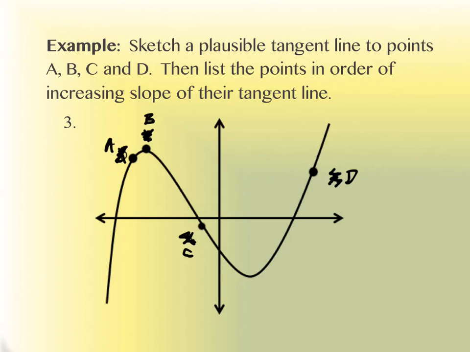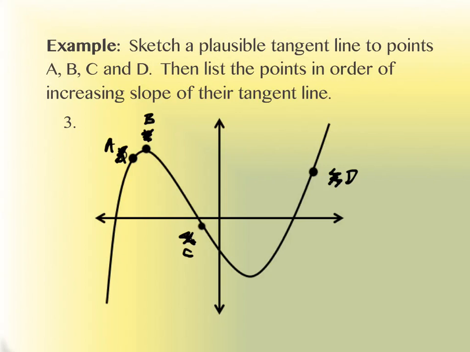This says to sketch a plausible tangent line. So when you get to this question on your homework, you're going to put your paper down on top of the graph and sketch it onto the paper to start with, okay? Put the dot on there and so forth. And then to sketch a plausible tangent line, it has to be a tangent line that looks very, very close to the curve as you are getting close to that point. So, oh, you know what?